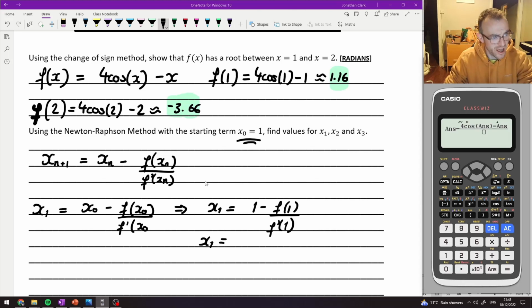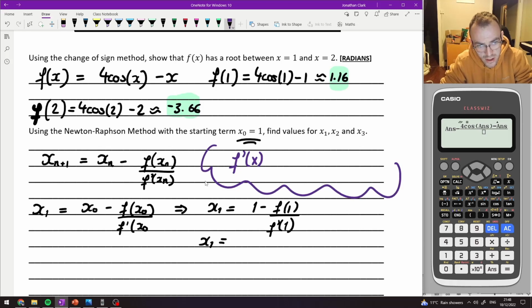Bottom of the fraction, I haven't actually differentiated it yet, so let's make a quick note of what that works out as. The differential: cos differentiates to minus sine, so this is going to differentiate to minus 4 sine x, take away 1. There we go, cool.